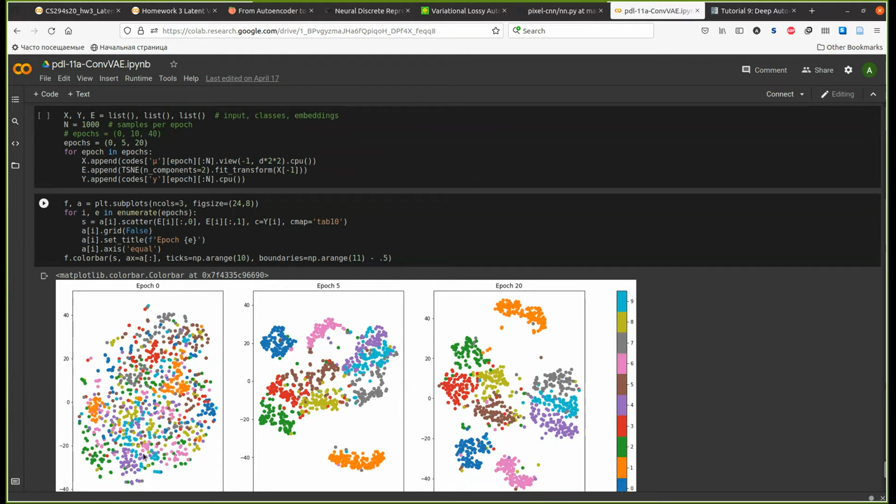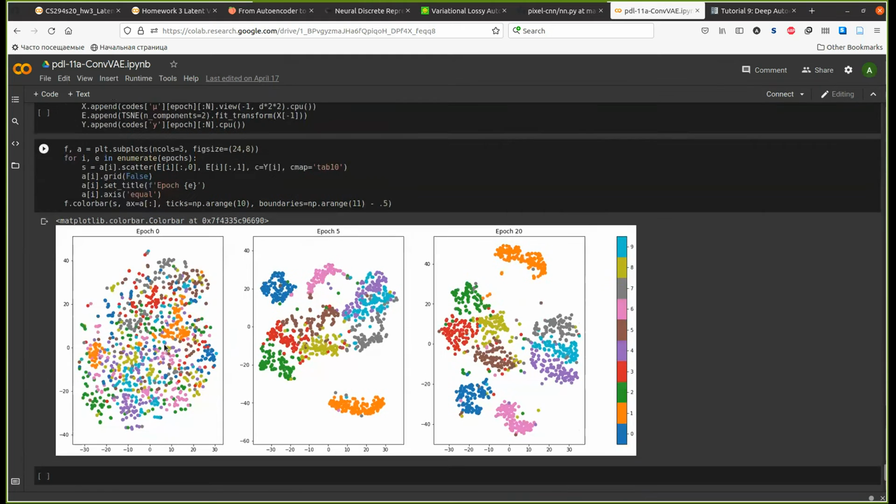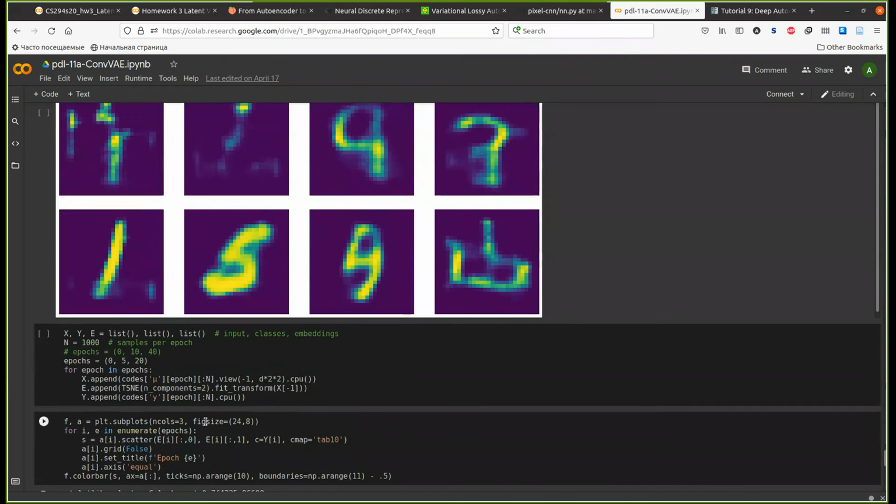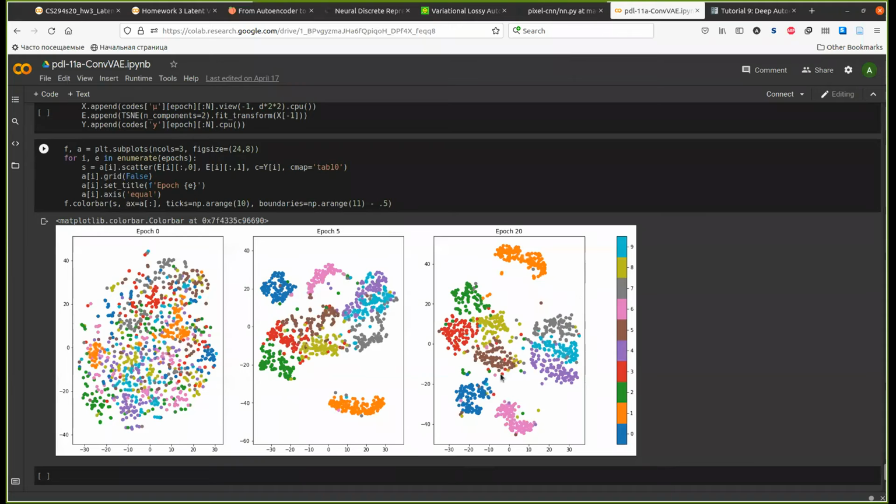So you can see that here at epoch 0, it is not that well separated, but also the axes do not change much during training, and the beta here was lower.